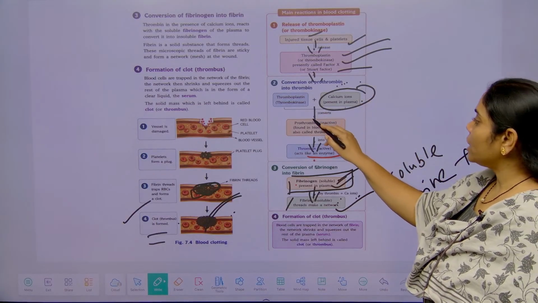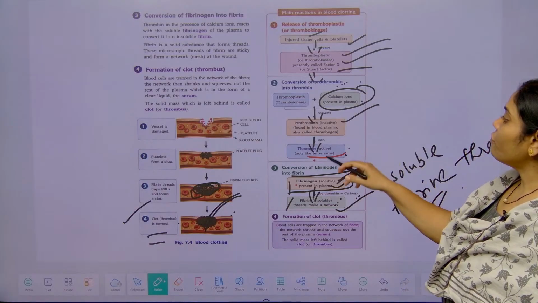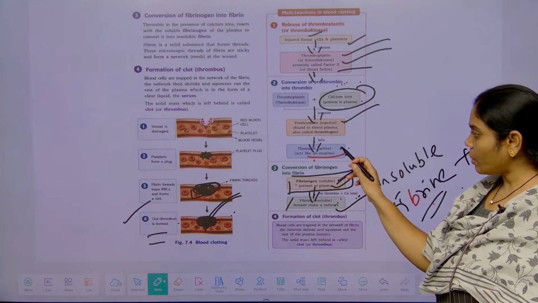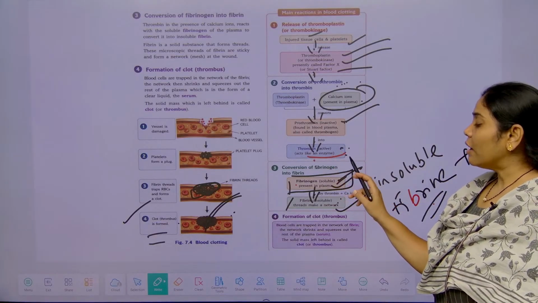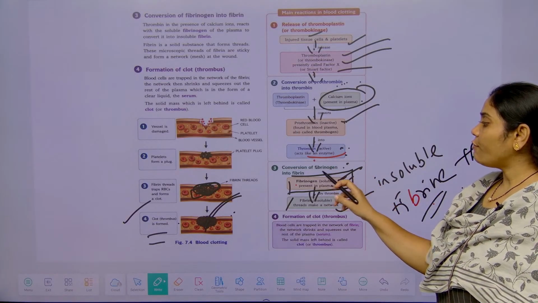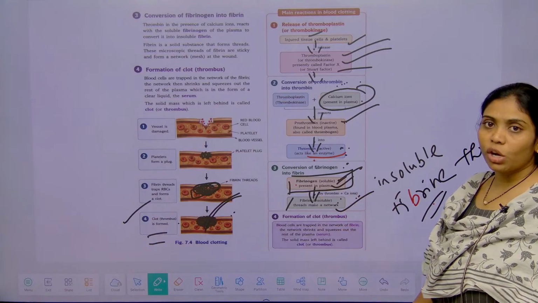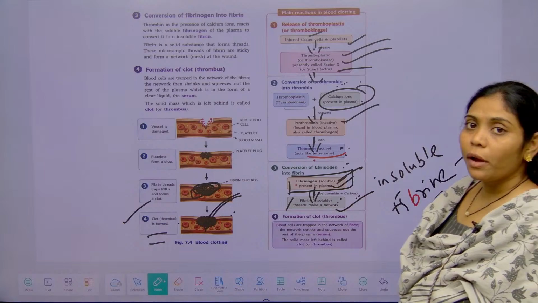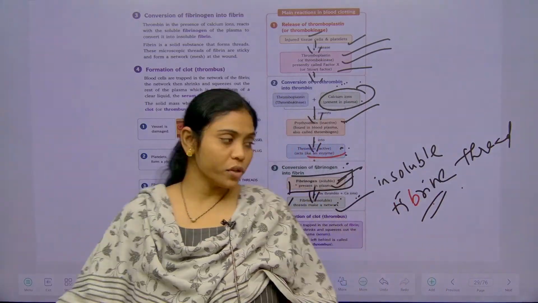It converts inactive prothrombin into active thrombin, and this thrombin converts the soluble fibrinogen into insoluble fibrin threads. So, this is the mechanism of the blood clotting process.